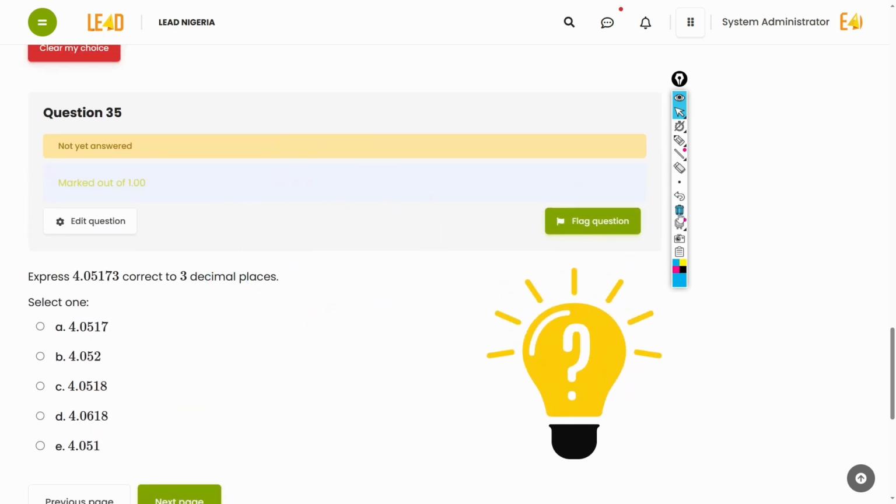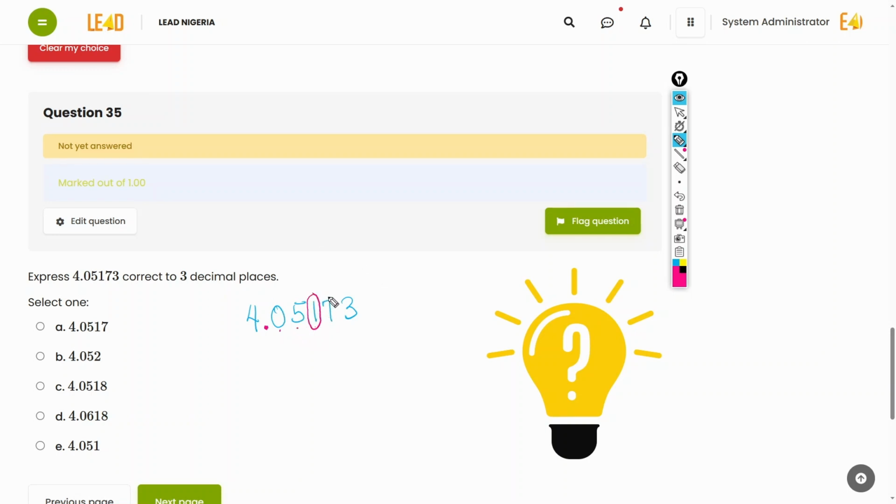Question 35. Express 4.05173 to 3 decimal places. After the decimal point, first decimal place, second decimal place, third decimal. So we are rounding to the third decimal place, which is the digit 1.